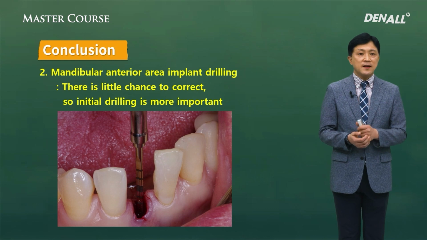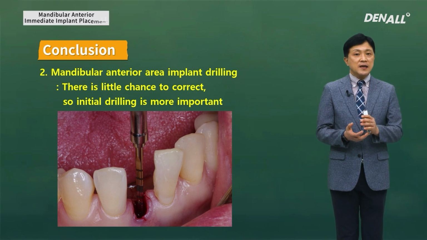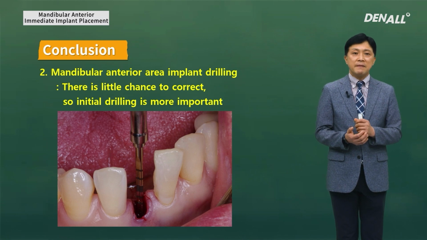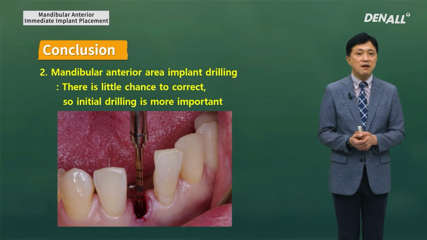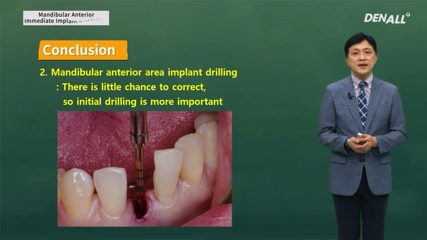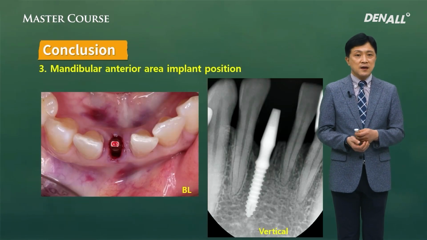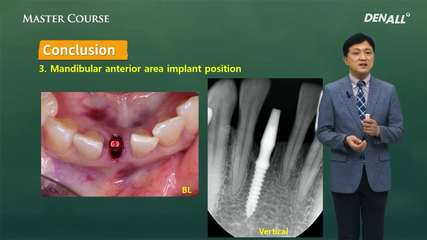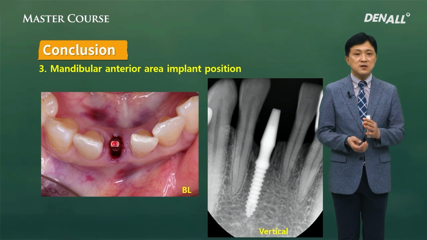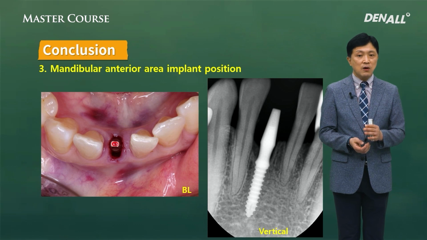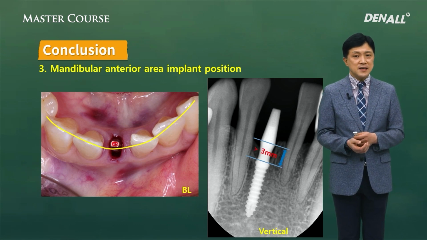Second, for drilling to place an implant, the drilling path can hardly be corrected. Therefore, initial drilling should be done carefully. The buccolingual position of an implant should be placed a little bit lingually and vertically, like this.